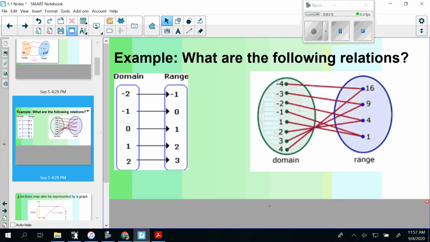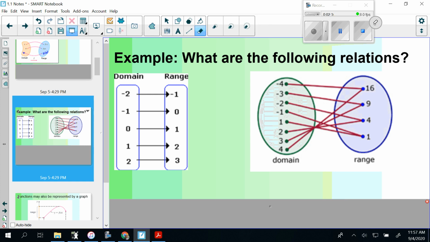All right, here's another representation of functions. Let's figure out what these relations are, and then we'll see if we think they're a function or not. The first one here, our domain, and remember that's our x value, these would be our x values.